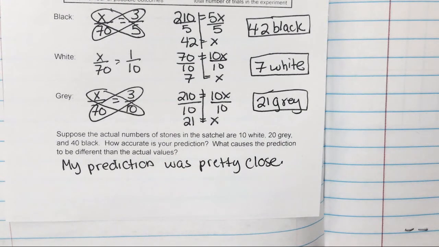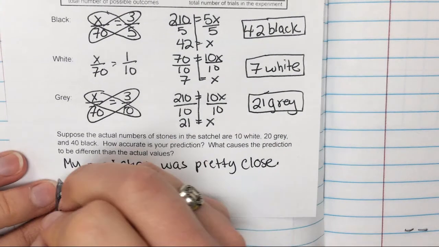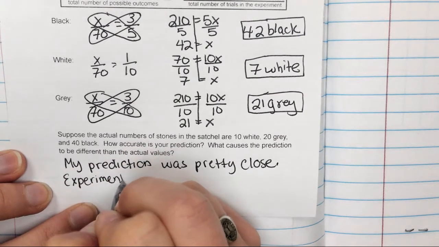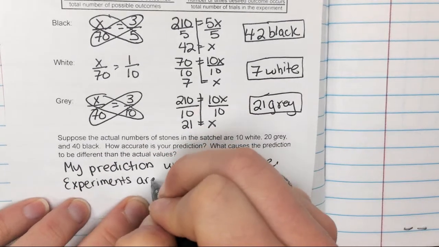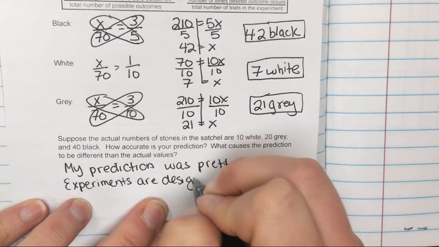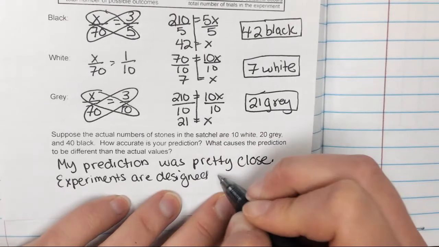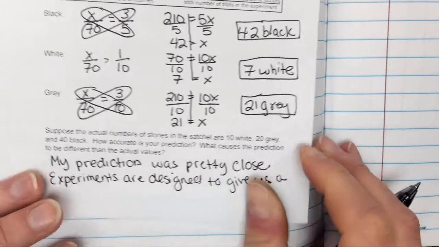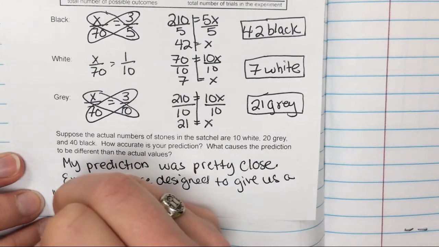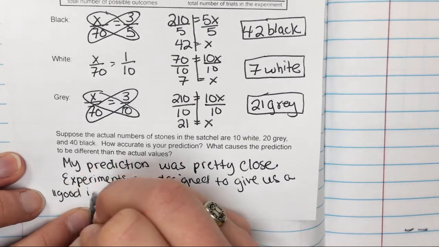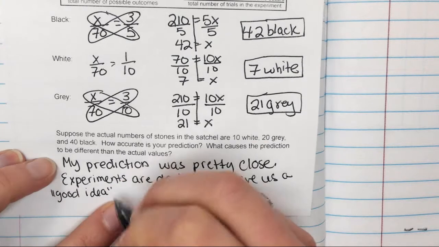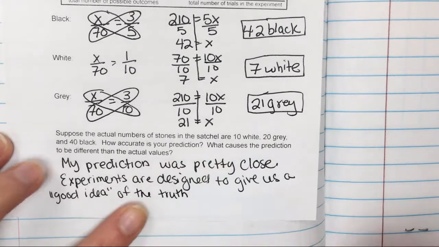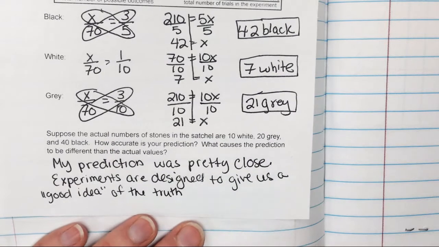What causes the prediction to be different? Well, experiments are designed to give us a good idea of the truth, but they're rarely perfect because they are an experiment.